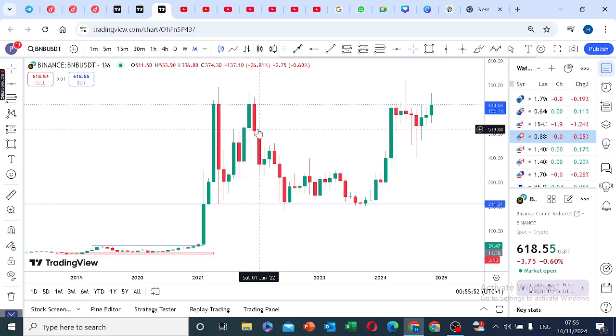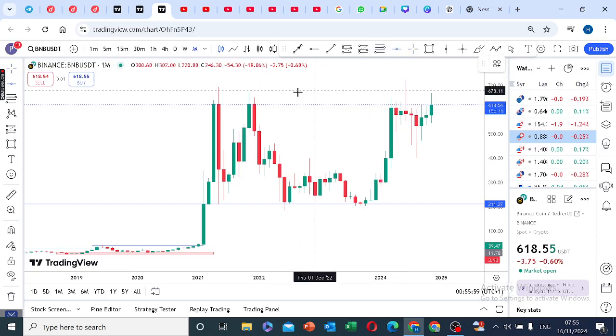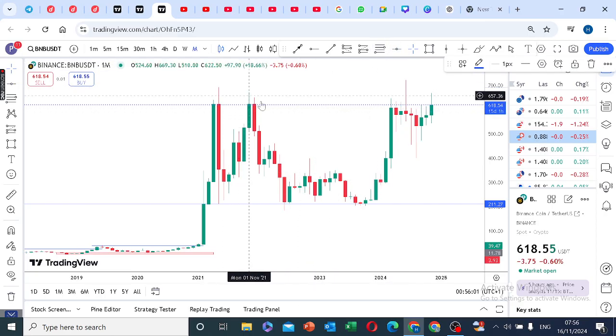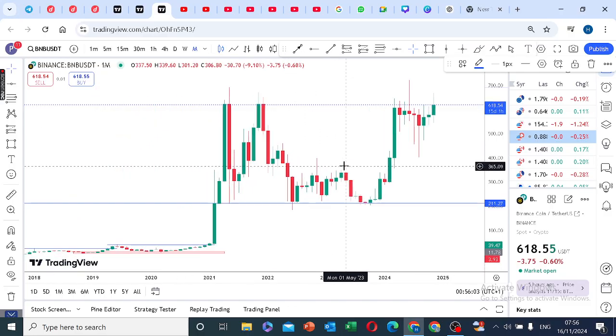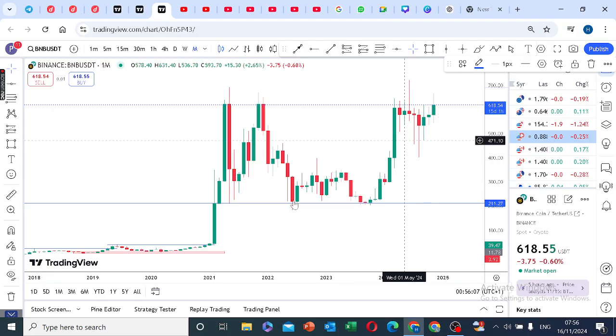Working with the high and the low actually gives us a better understanding about the market. You understand? It helps us to understand what we are looking out for this particular pair to do.